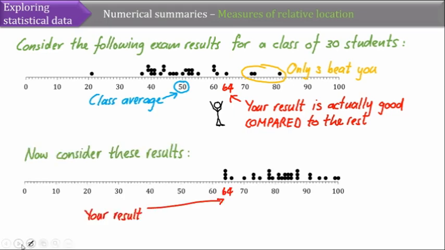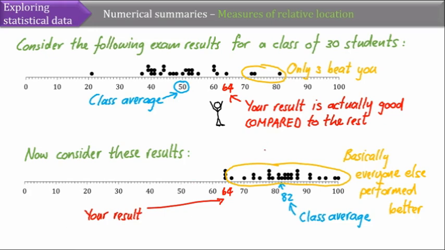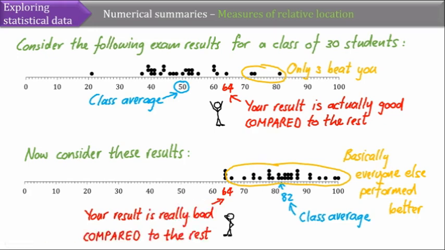If we look at a different situation where we still have the 30 students with their exam results and you still have 64, but now the class average is sitting at 82. That means basically the entire class performed better than you with your 64. It means that your result compared to the others is actually really bad.